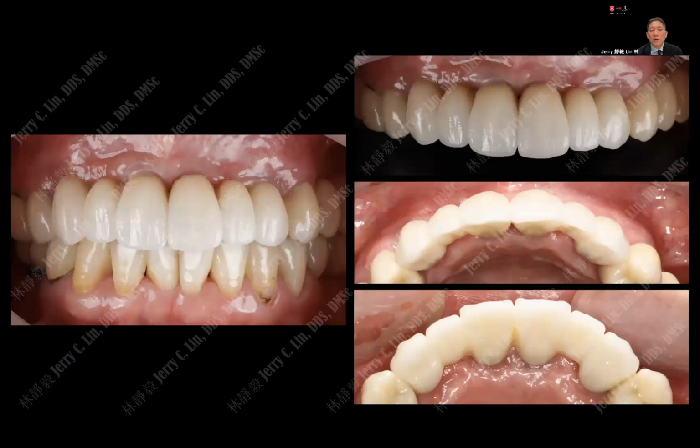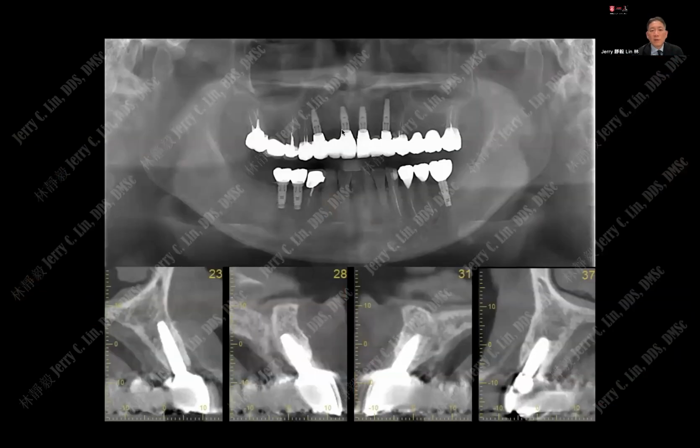And this is the definitive, the final result. Even though it's not ideal, because we need more soft tissue, we did have enough good bone, so we could compensate for the soft tissue deficiency. So this is the result.